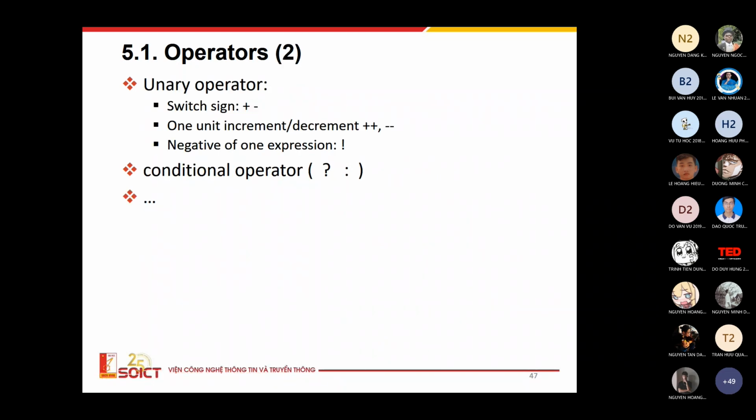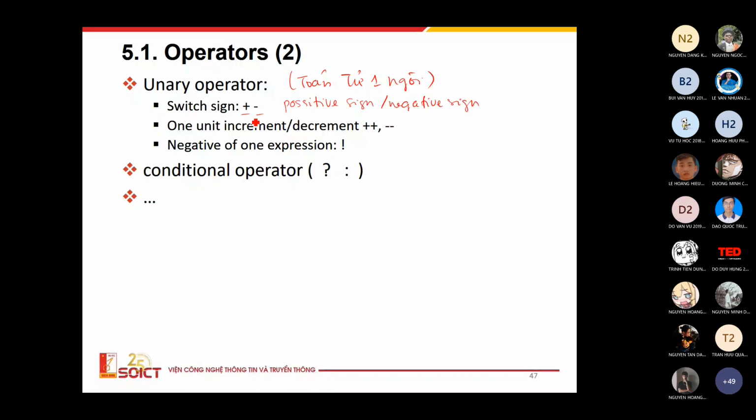For the operator, you have also the unary operator. What is called toán tử một ngôi. Okay. Toán tử một ngôi. Những cái vừa rồi là toán tử hai ngôi là binary operator, còn toán tử một ngôi là unary operator. For example, you want to switch the sign between a positive sign and negative sign of a variable.